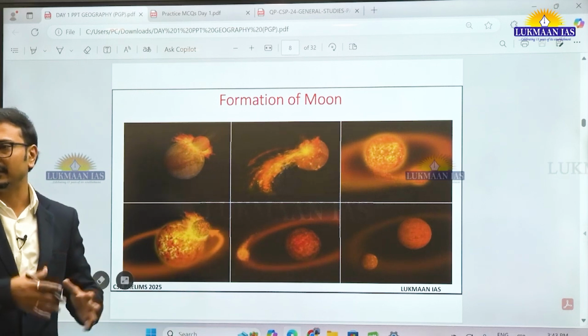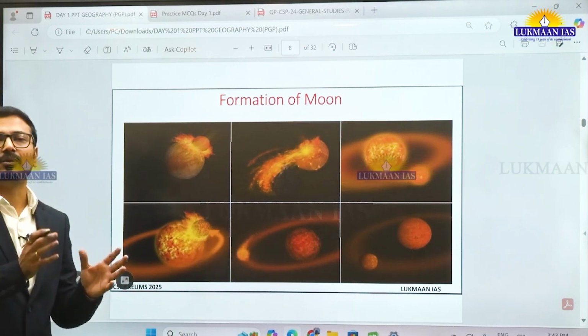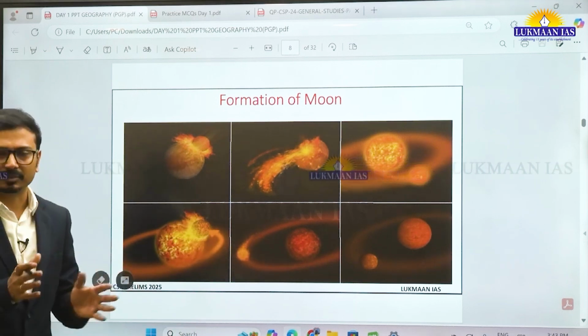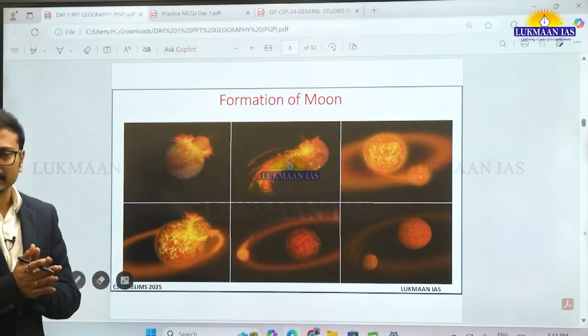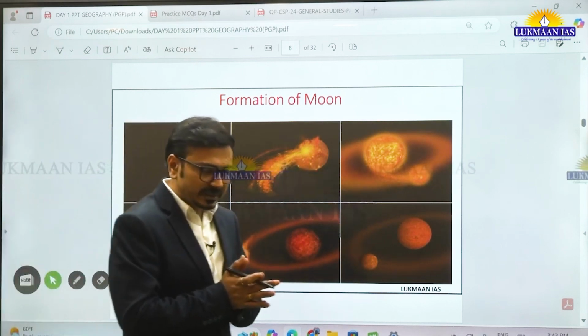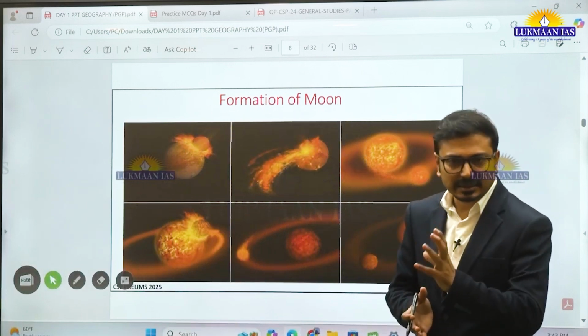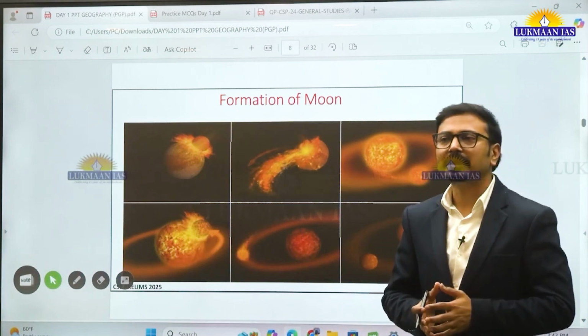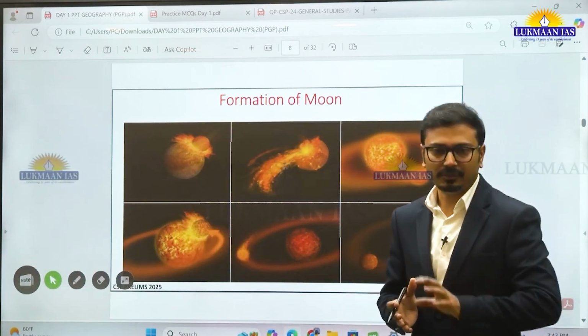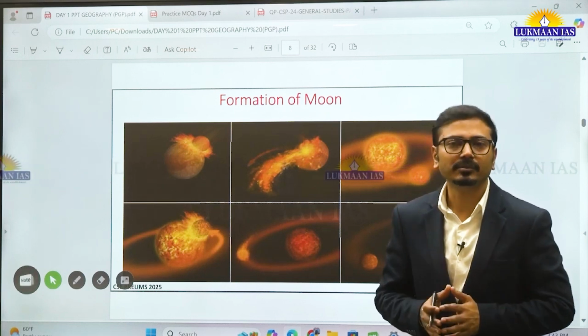After that it started revolving around the earth. Because of this impact, when that mass started revolving around the earth, it got tidally locked with the earth. What is tidal locking?